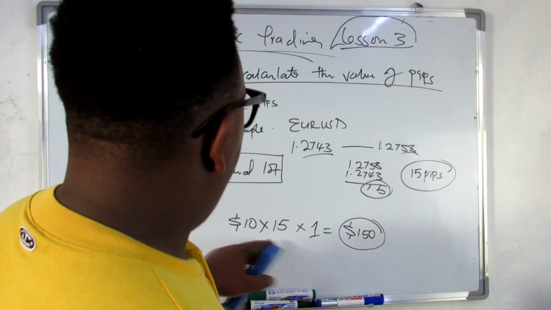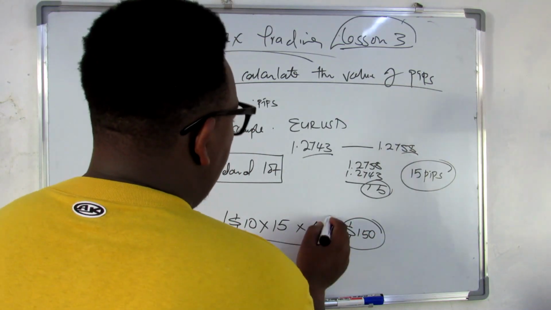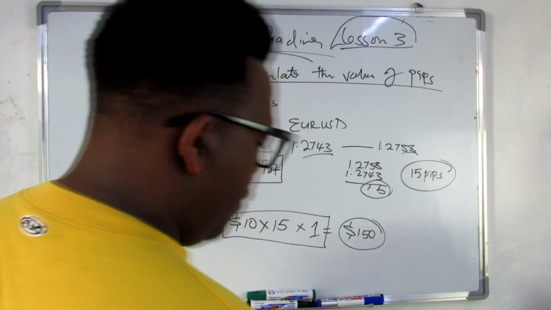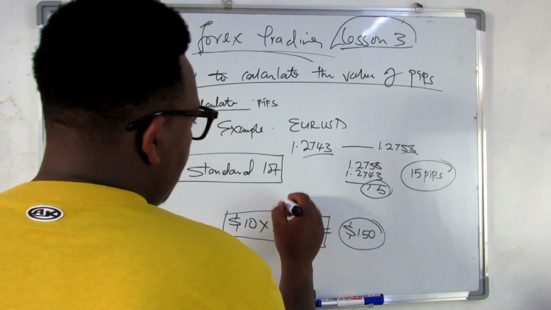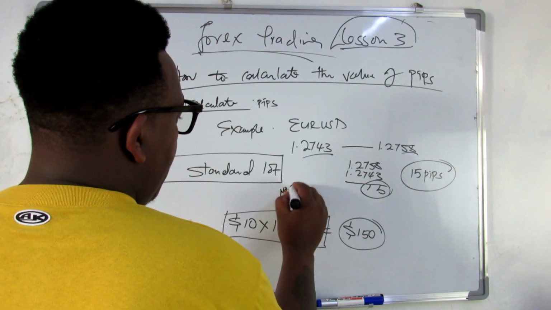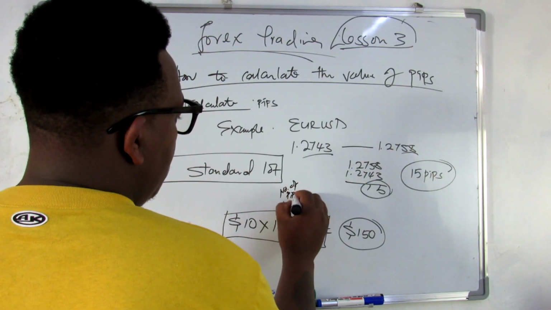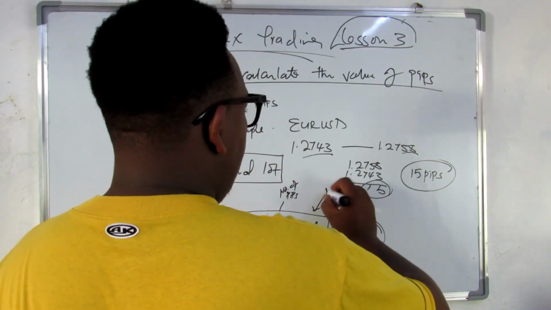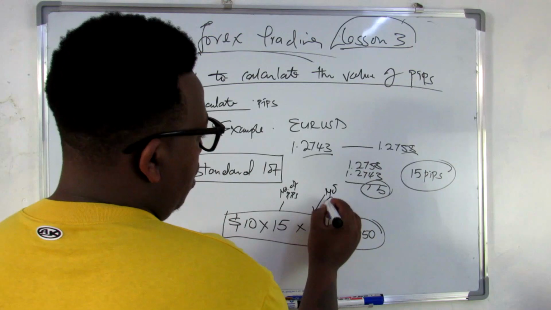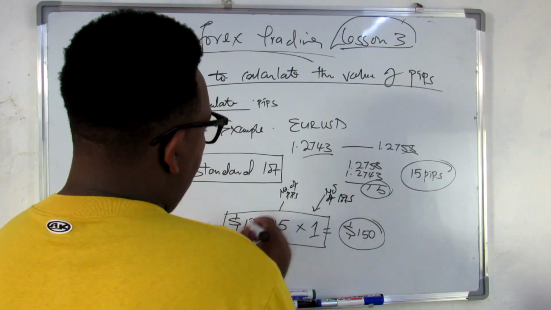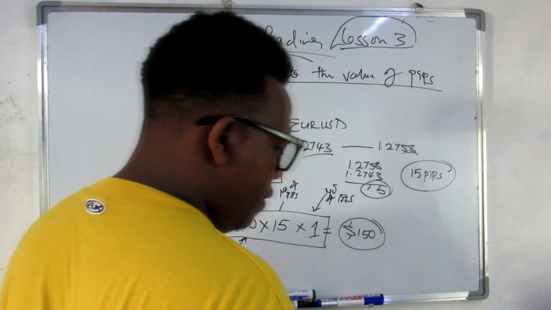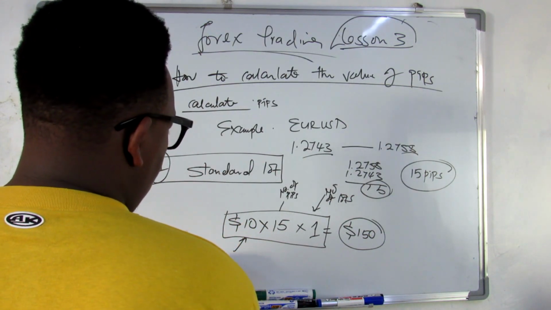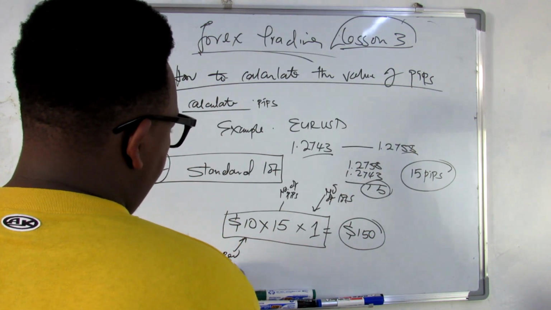From this, we can come up with a formula which we'll be using over and over. First of all, we start with the number of pips. This is the formula: the number of pips, the number of standard lots, and then the value per pip.